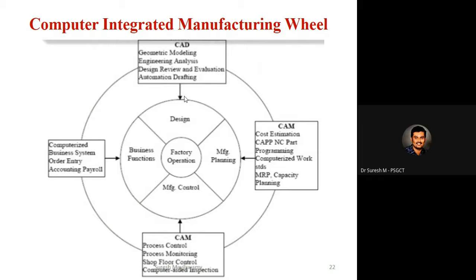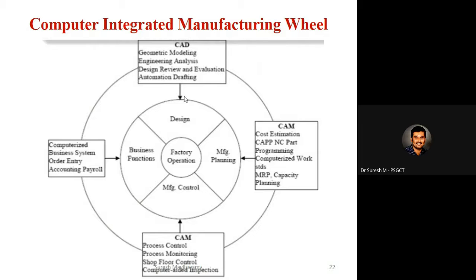In the same way, we will do the process control, process monitoring, shop floor control, and computer aided inspection. This is also the work of CAM. Manufacturing planning and manufacturing control will be taken care of by computer aided manufacturing. After completing the manufacturing control, we will move on to the business functions.